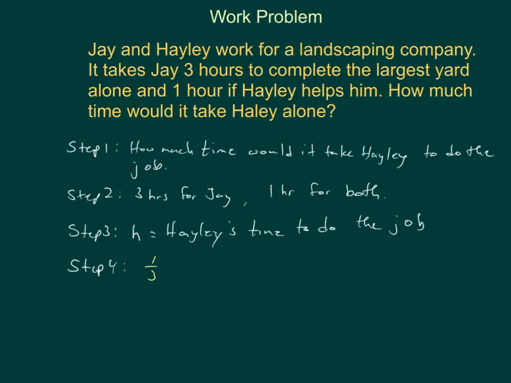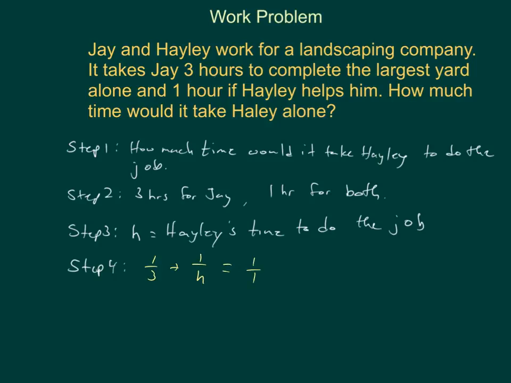For Haley, all we know is that it takes her H hours to do the job when working alone. So in 1 hour, she will get 1/H portion of the job done. And if they work together, they can get the whole job done in an hour, so it would be 1/1.